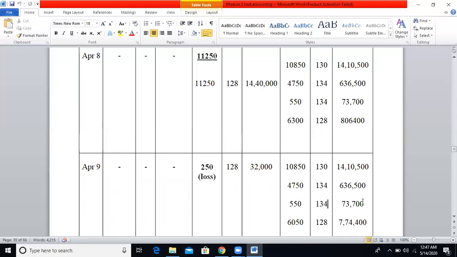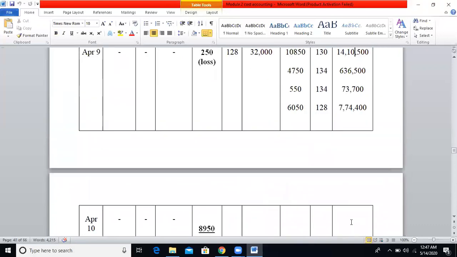Total value will be 73,700, and from the last purchased units, that is out of 6,300, we have issued 250 kgs. The remaining quantity will be 6,050 at the rate of 128. If you multiply 6,050 into 128, you will get 7,74,400.